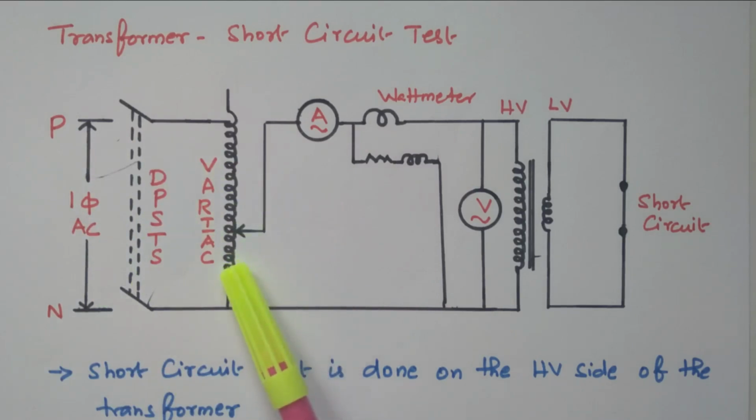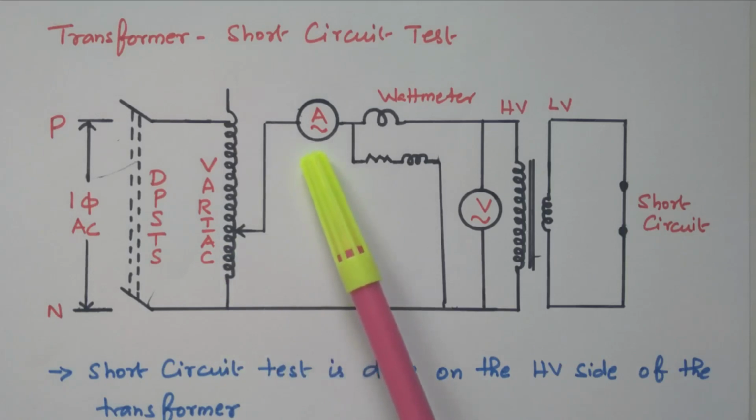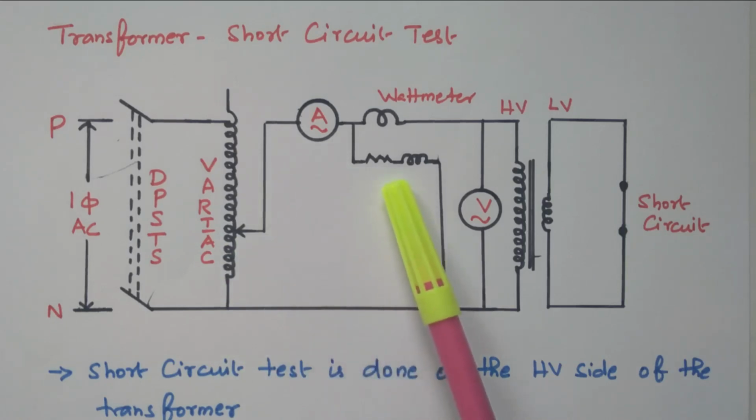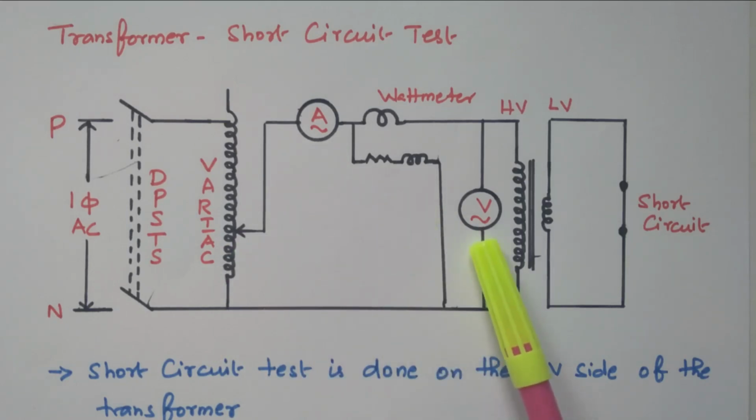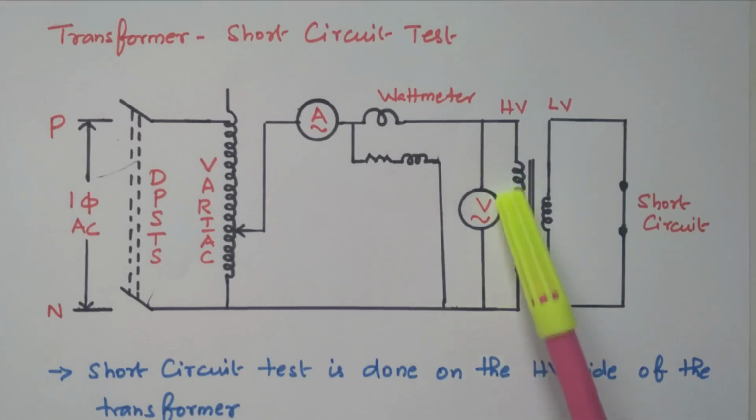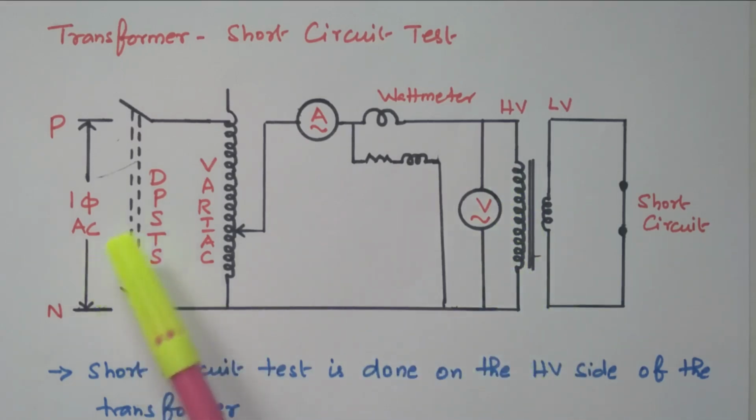In order to apply the rated voltage, we can vary the voltage by this variac. We have an ammeter to measure the current, a wattmeter to measure the input power, and a voltmeter to measure the voltage across the high voltage winding. Now the supply is given by closing the DPST switch. By varying this variac, we can apply the rated current.